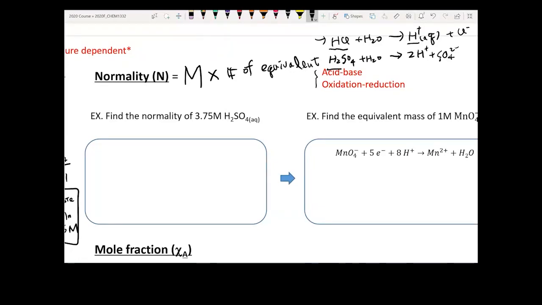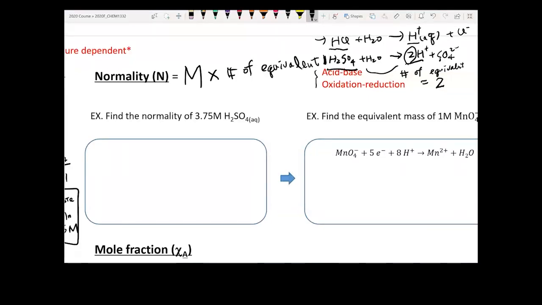So you can see one acid solute produces two hydrogen protons here. Under this case, we can define the number of equivalents as equal to 2, because one sulfuric acid produces two equivalent protons.